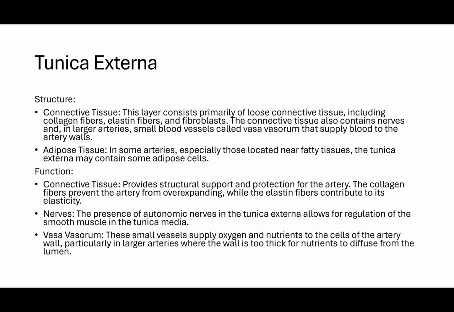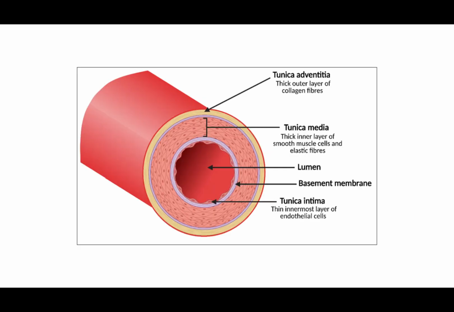These are tiny vessels throughout the artery that provide nutrients to the cells of the artery walls, particularly in larger arteries where the walls are too thick for nutrients to diffuse from the lumen. So looking at this, the tunica externa, the tunica media, which is the largest layer here, and then the tunica intima with a basement layer, and we have the lumen.